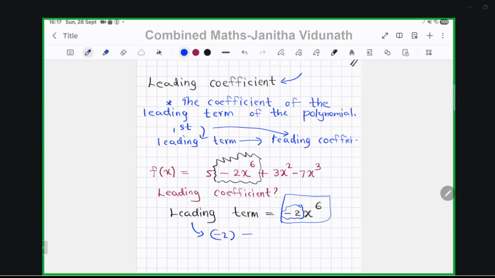Then this is equal to the leading coefficient of the polynomial. First, we need to identify the leading term. Then the coefficient of that leading term is called the leading coefficient. Okay, write down this example.